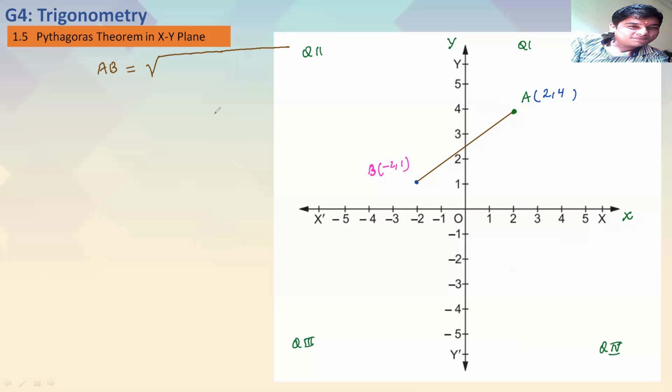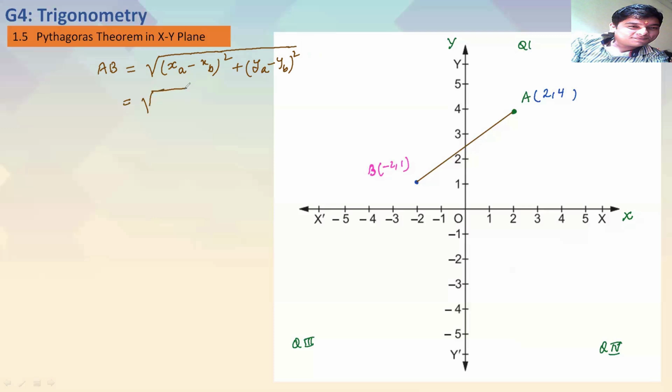First, understand what this formula is and how it works. It is the difference of x coordinates squared plus the difference of y coordinates squared. Are you getting the idea? So how do we find these differences?